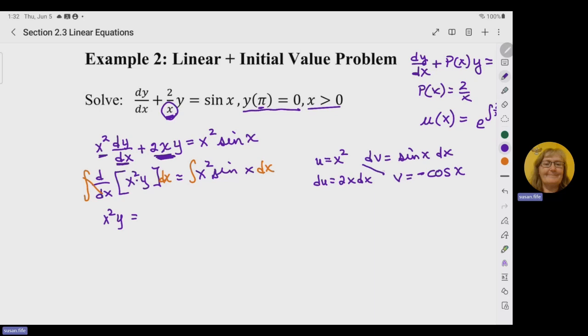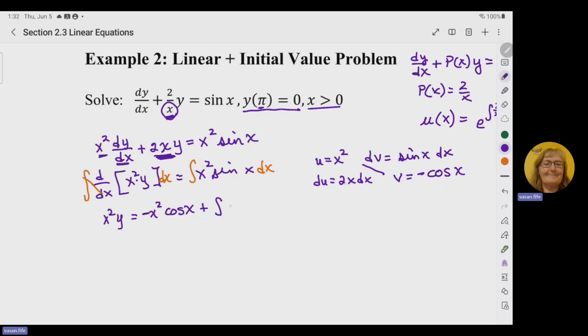And we're going to get uv. So I get x squared times negative cosine x, gives me negative x squared cosine x minus the integral v du. So I'm going to have minus a negative. That's going to make it a plus.